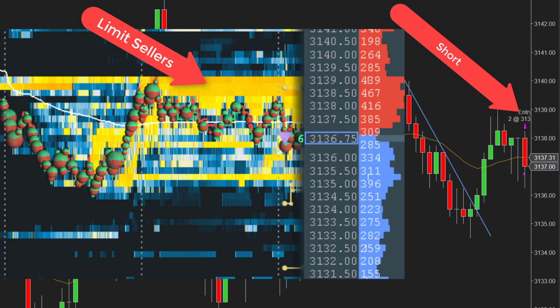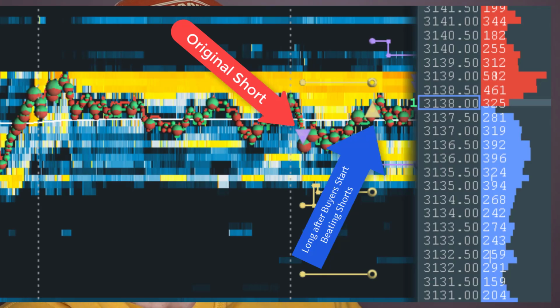Now, shortly after I went short, the market turned around on me, which can happen, and the buyers took over. They defeated that little block of limit order sellers. When I saw that happen, I hit the reversal button, a very dangerous button on the NinjaTrader platform.